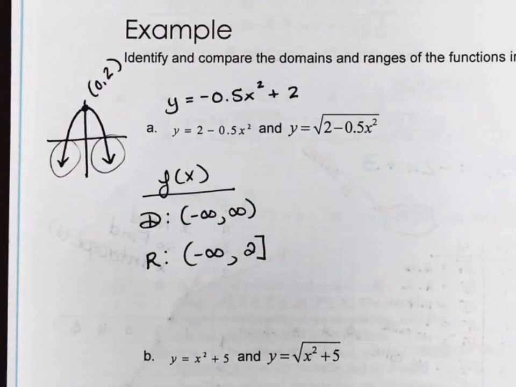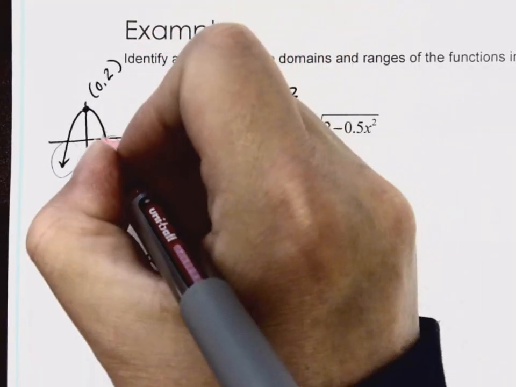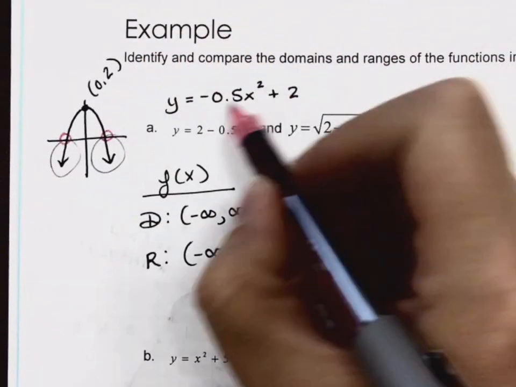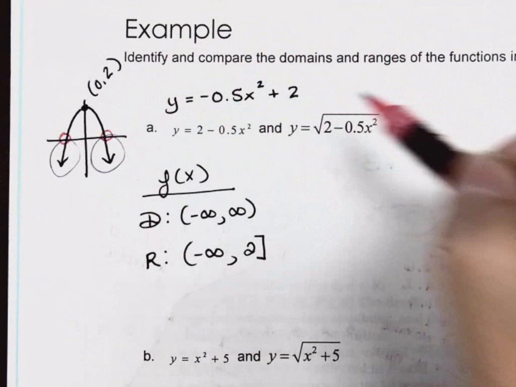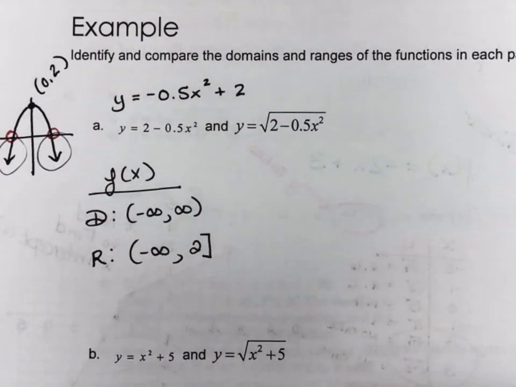But now when we look at this graph for the square root of it, we know we have to square root the y values. We also know that we need the x-intercepts. Can you guys find the x-intercepts from this equation? Pretty straightforward. I guess we're like, maybe not.